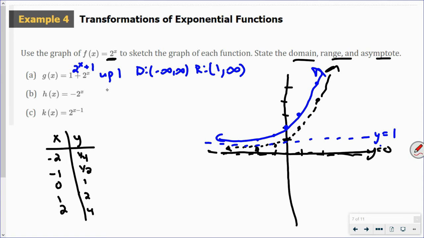Here on the next one, I just have this negative out front, and that's a negative a, and a negative a flips it over the x-axis. Then we'll look at domain and range. So we have to go back to the black graph here. This is 1/4. If I flip it over, it's going to go to negative 1/4.